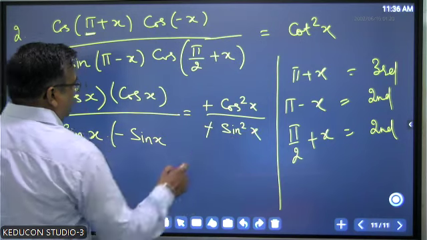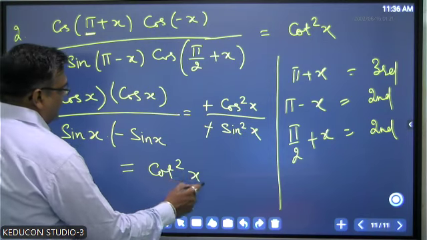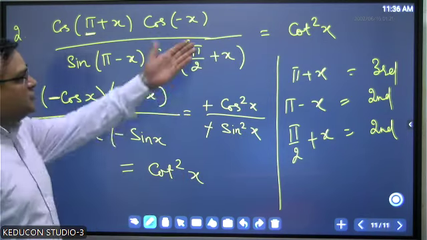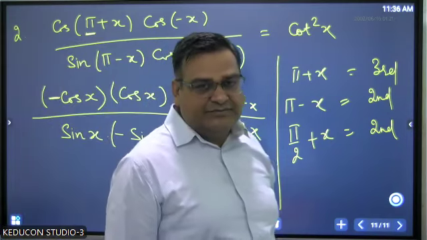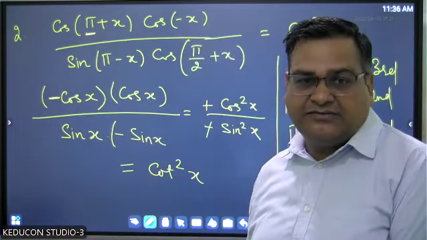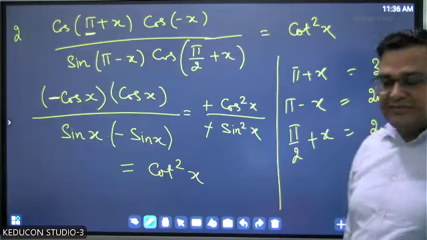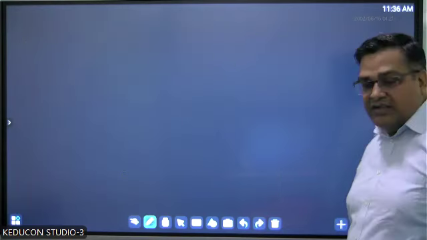So minus minus will be cancelled and it will be cot square x, which is equal to right hand side. Is it okay, children? Is this question clear? Right. So we move on to the next question.